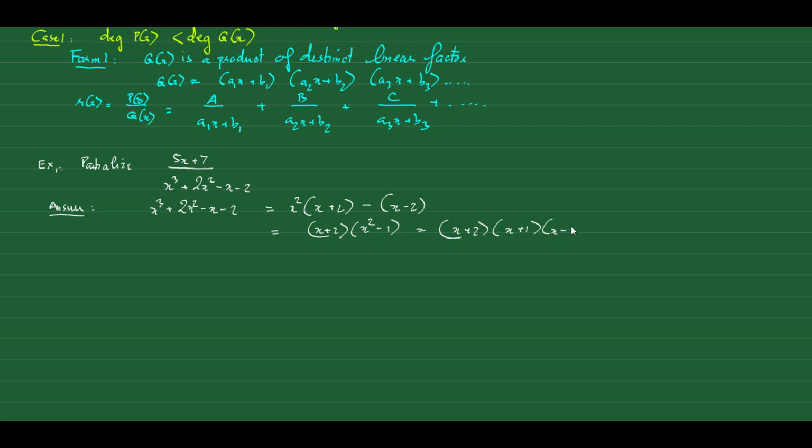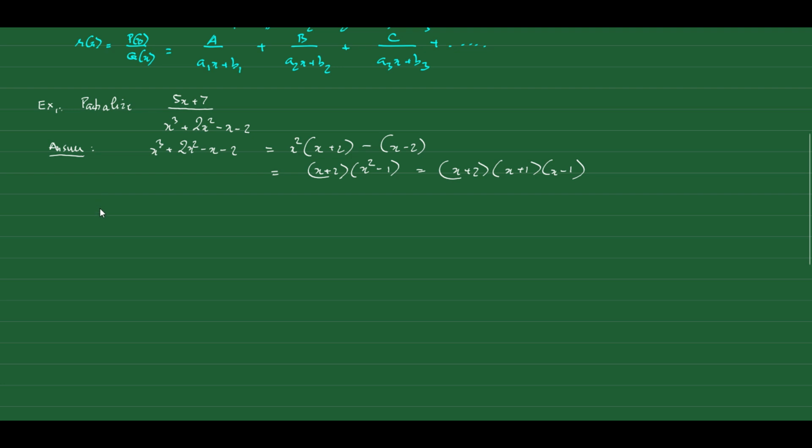So you have the three linear factors. And you can write this fraction 5x plus 7 over x to the third plus 2x squared minus x minus 2 into many factor form like this.